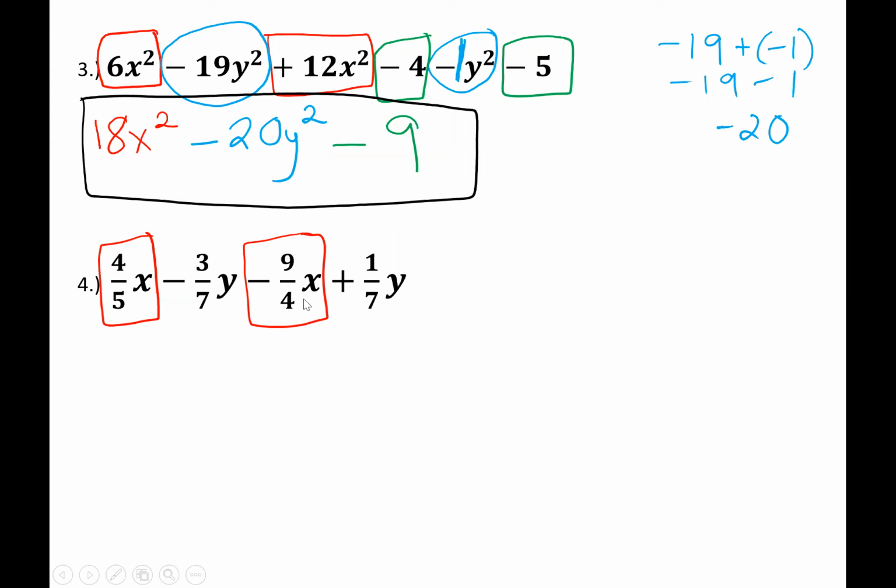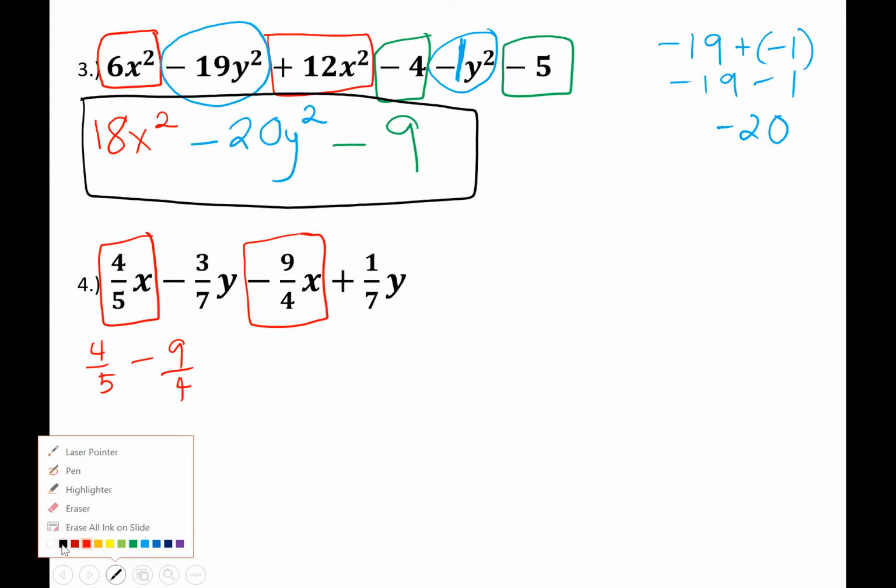So I need to combine these fractions together. So I'm adding 4/5 with negative 9/4, or I'm just writing it as a subtraction problem. So 4/5 minus 9/4. I need a common denominator. Between 5 and 4, I can just multiply together and get 20. So my common denominator can be 20.